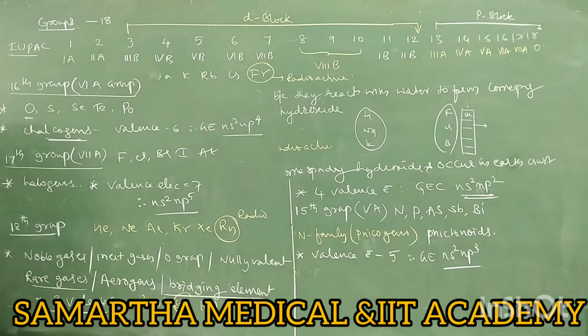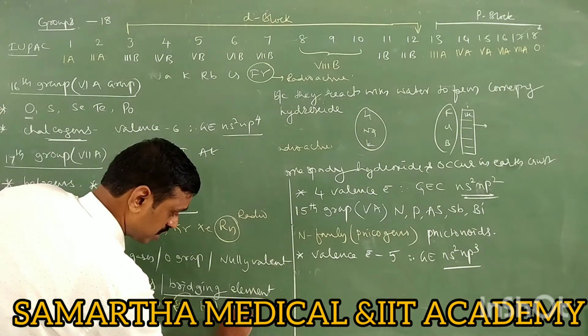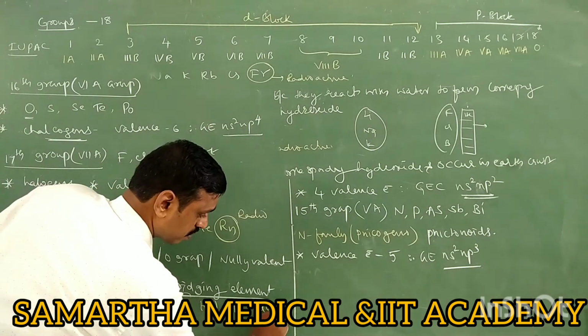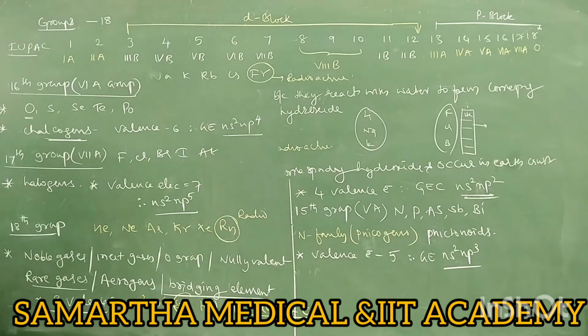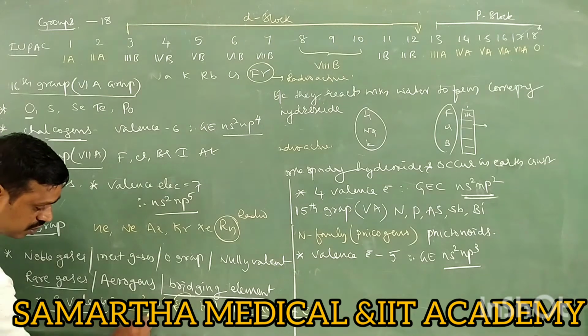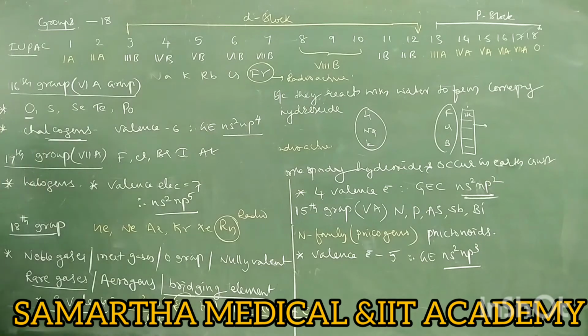Helium has 1s2, which is called doublet electronic configuration, whereas except helium, all the remaining elements have octet electronic configuration.